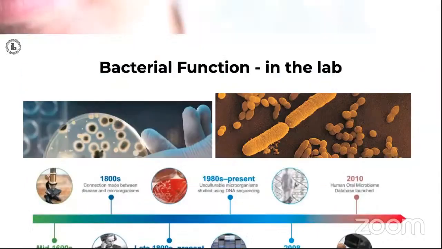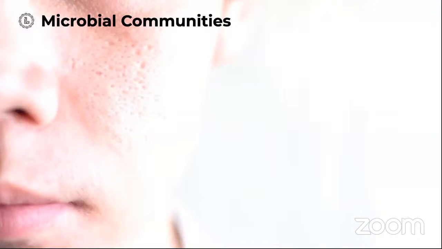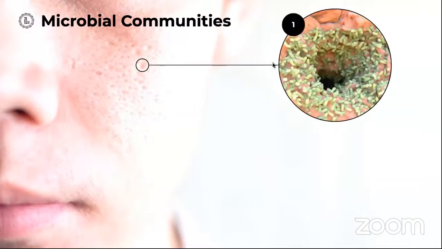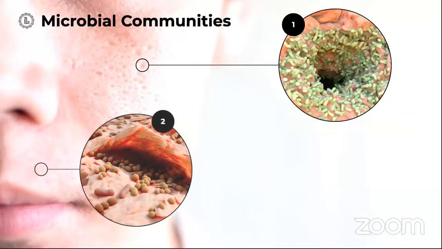Now, as many of you probably know from personal experience, studying the microbial communities and trying to address how those communities colonize different parts of our bodies is really something that requires an understanding of how they function and grow together. So here we have an example of skin, and in the pores of the skin, you can see how this bacteria can colonize, forming a film, which is very difficult to wash off and disrupt.